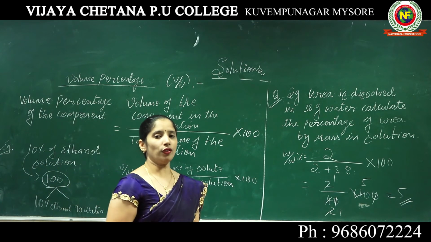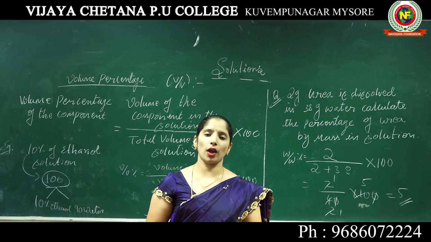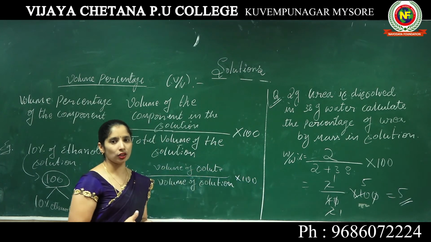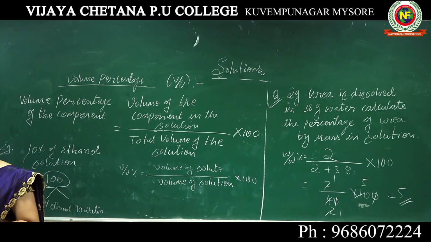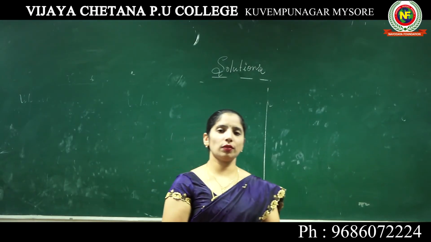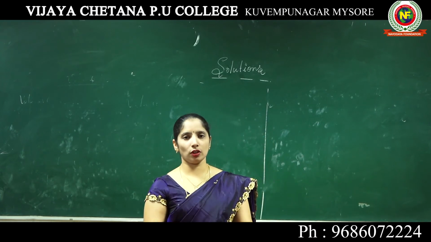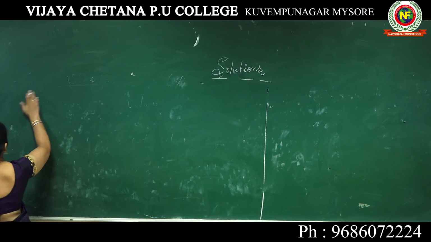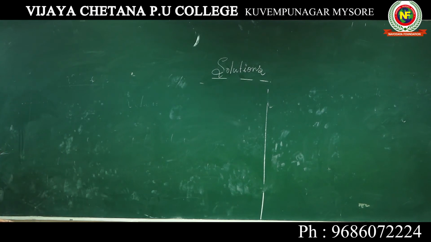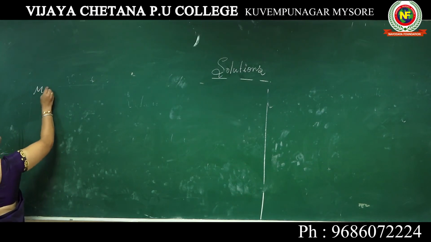Next we move on to the next way to express the concentration of a solution, that is mass per volume percentage. Mass per volume, what? It is also one of the ways to express the concentration of the solution, mass by volume percentage.